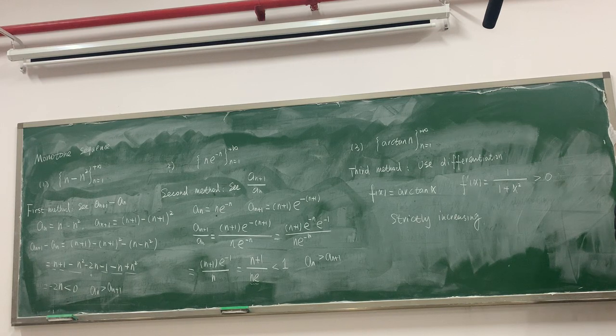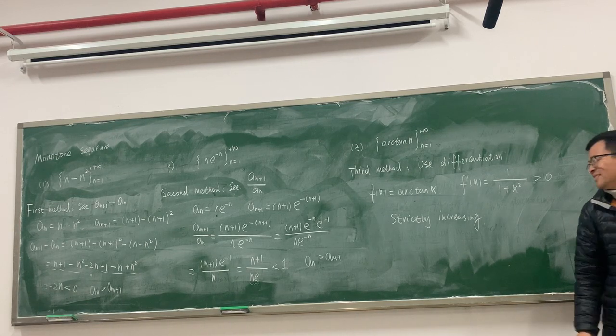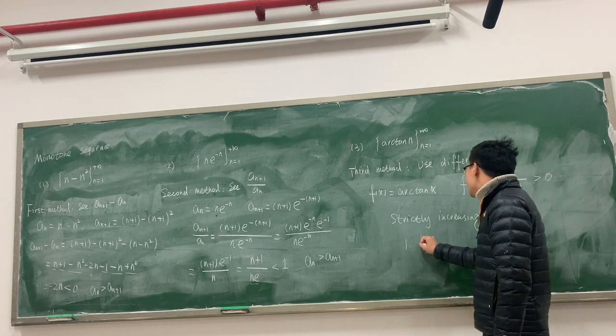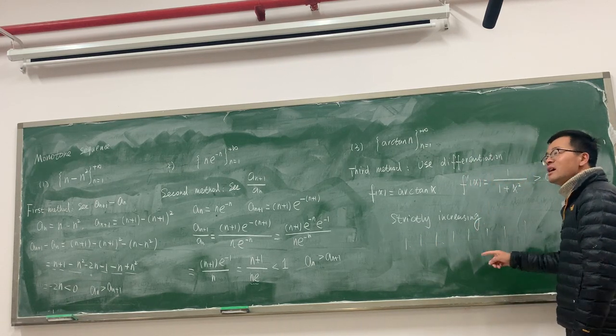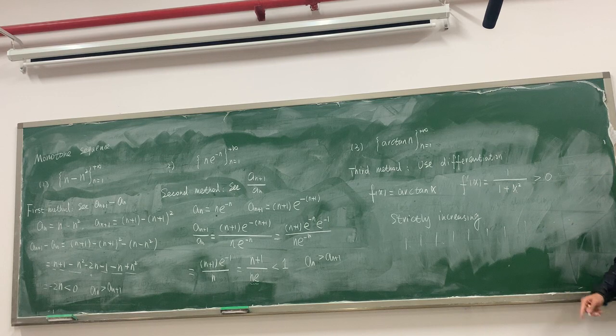Can you give us an example where it is increasing, not strictly, just increasing or decreasing? So here this one is 1, 1, 1, 1, 1, 1. This is constant. So is this increasing or decreasing?